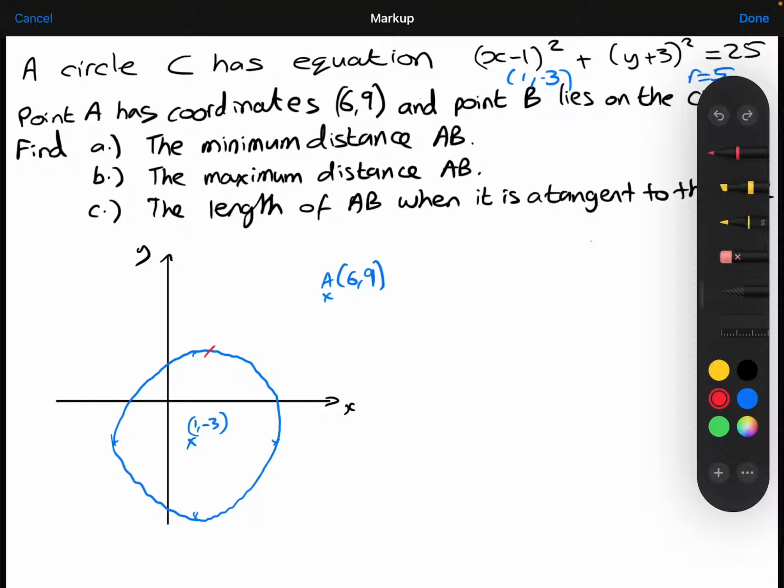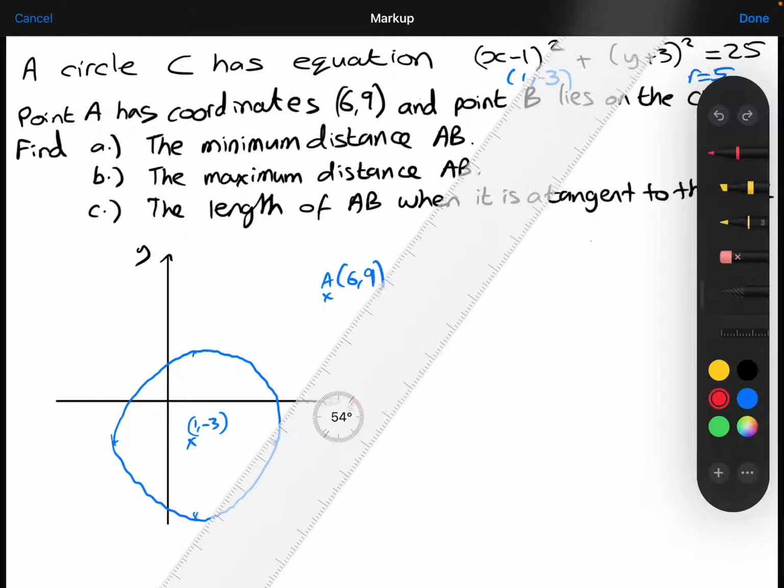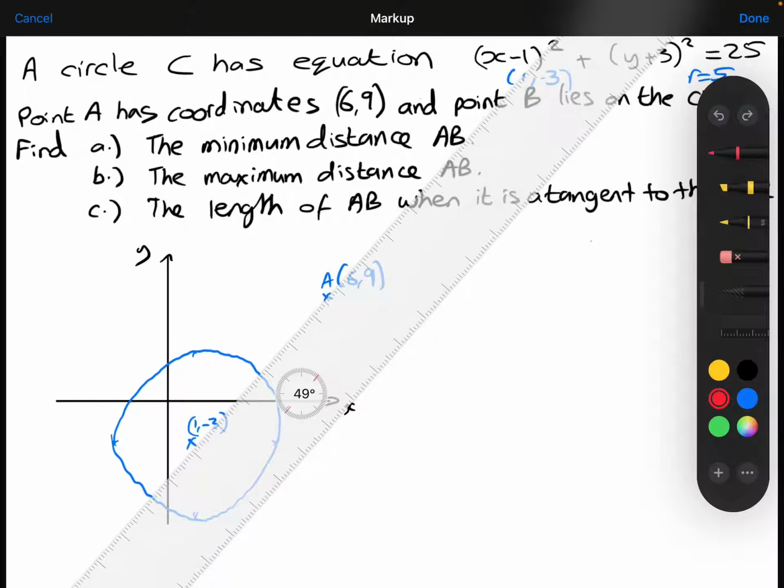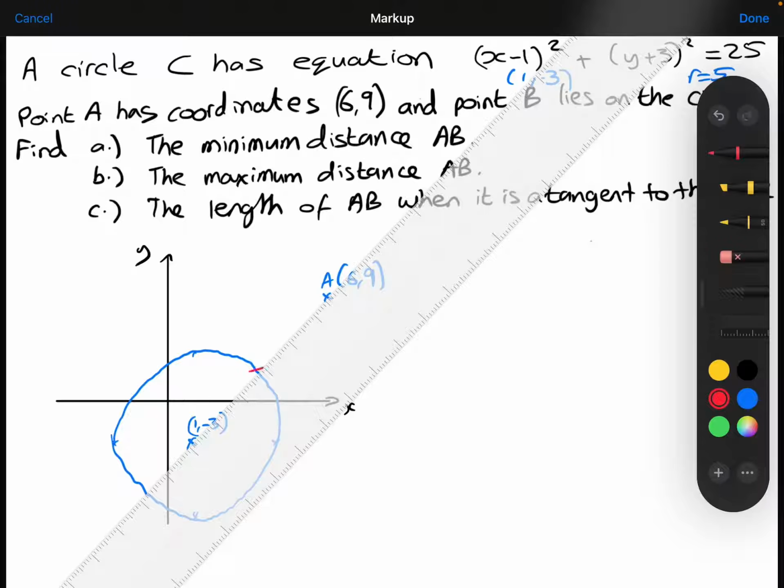Right, I want to work out the minimum distance of A to B. Well, the minimum distance that A to B would be is if B was here.